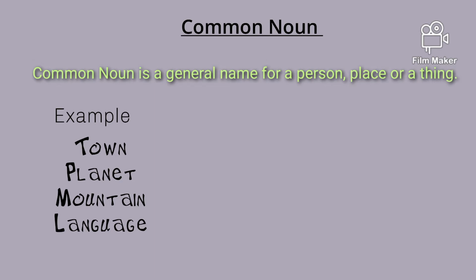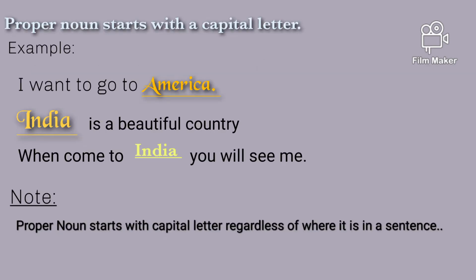What do we understand by saying general? General means a town. So when we say a town, we don't specify it. We don't say it's a particular town because there is no specific name. Like Champai town, when you say, then Champai is a specific name, so that becomes proper noun, Champai. But town, no. Planet, we don't know which planet, but planet, so it's commonly used generally. So that is common noun.